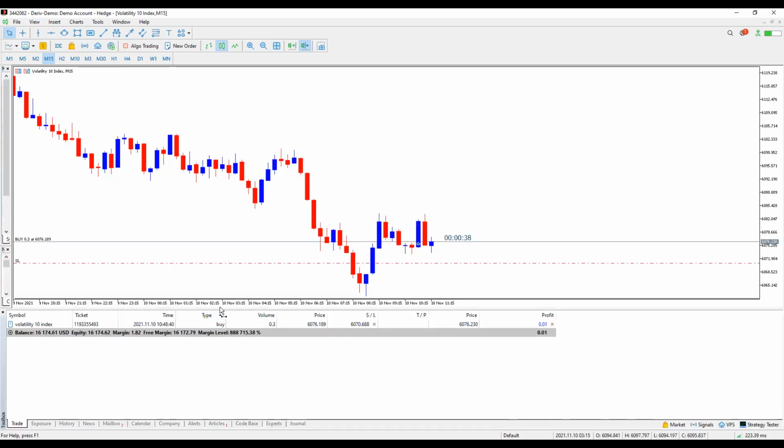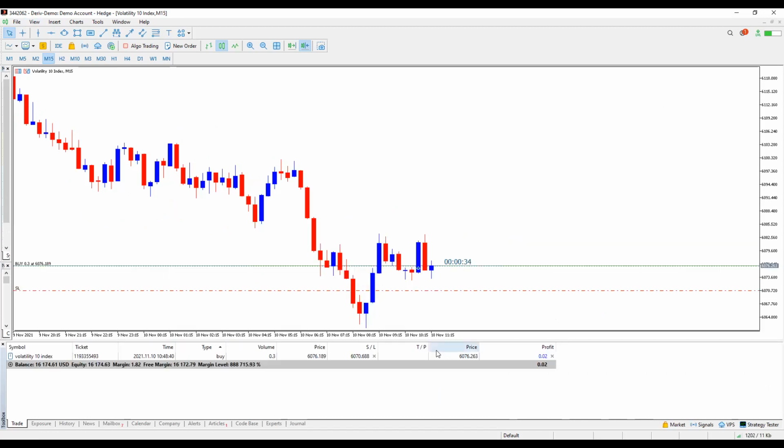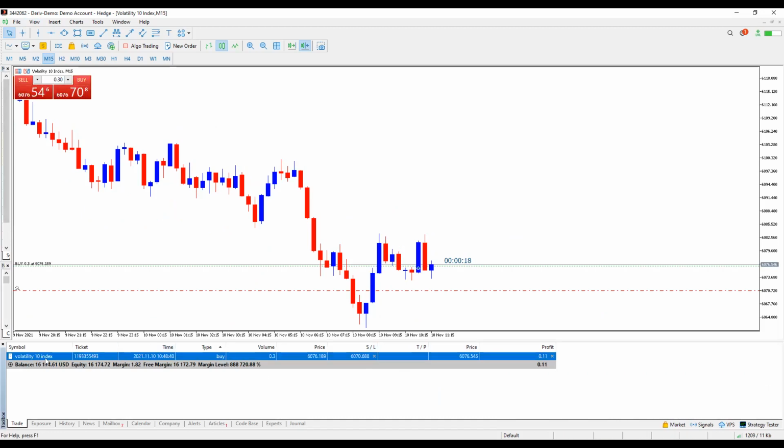All right, so I want you to study something here. Let's say you open a random position. I just want to kickstart this. When you buy or sell at any lot size, like this one was 0.30, you have your instrument, which is Volatility 10 Index.